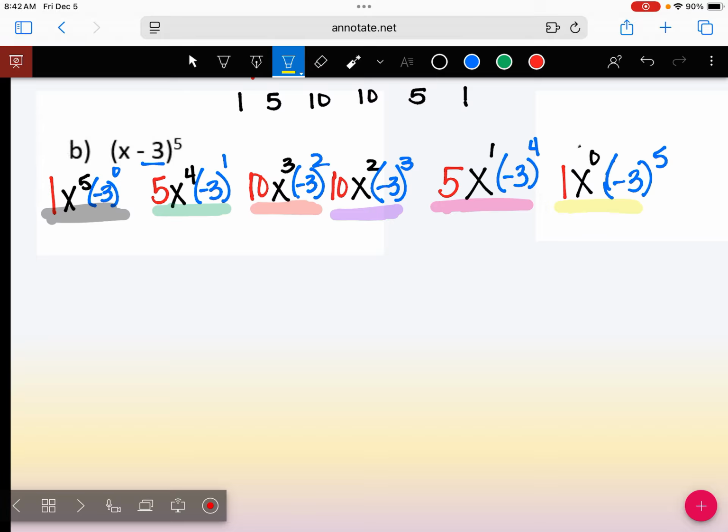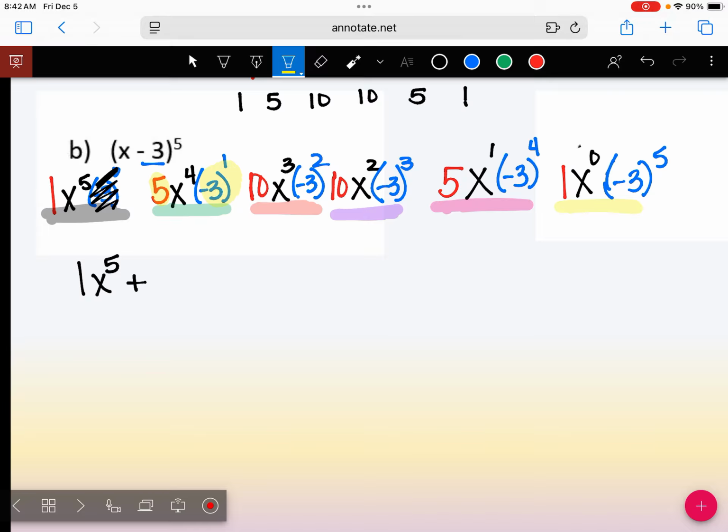So from here, we just put it together. First thing we know we can do is cancel out this because that just equals 1. So my first term is just 1x to the power of 5. And I always just put a plus sign. Now, for this one, though, I want you to notice that we have 2 numbers that we need to multiply together.